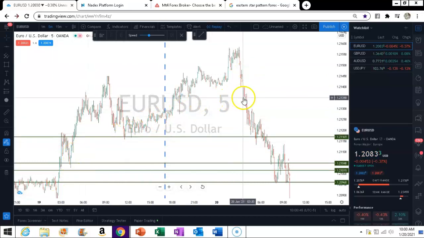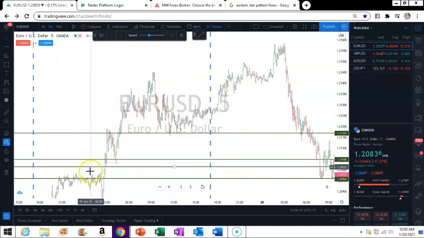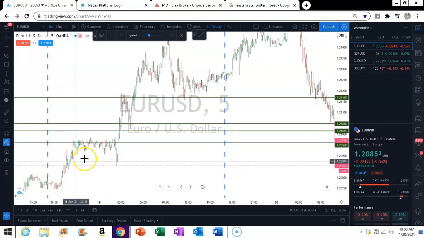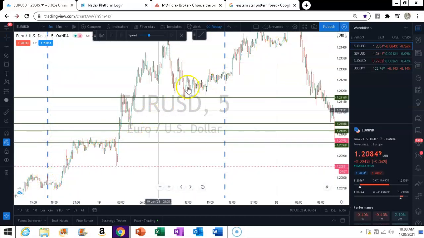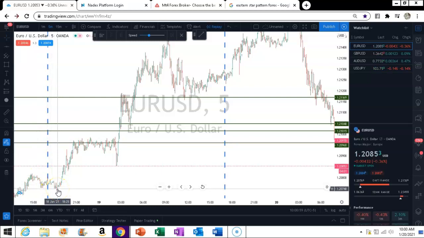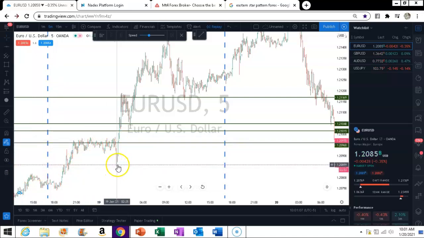Okay, so here you see where price was clearly in an uptrend, clearly going up. It will go up and create a high, pull back and create a higher low. This is market structure. And it goes up and creates a higher high than this high, and then comes down and creates a higher low.